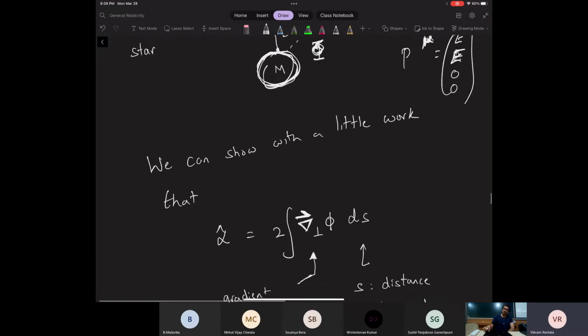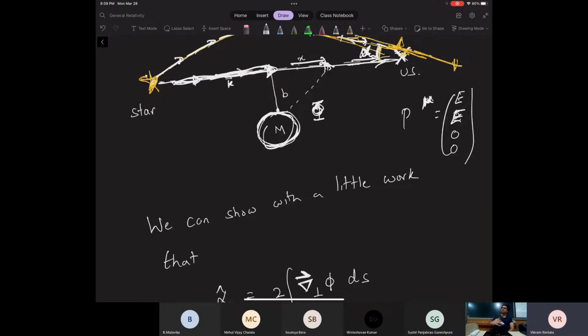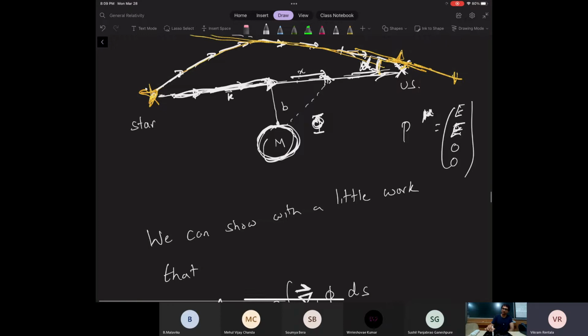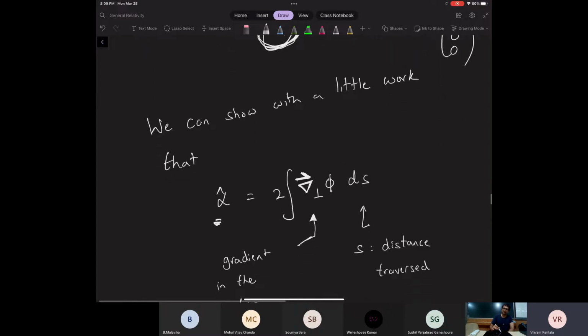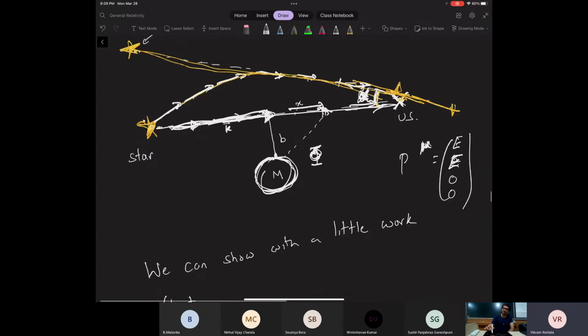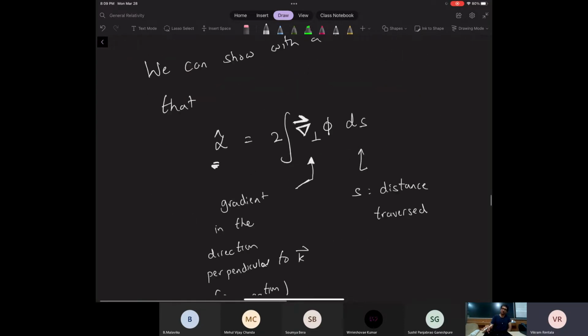Now, you have to solve the geodesic equations to first order to actually work out what this deflection angle alpha is. And you can show that the deflection angle alpha, you can treat this as a vector. So this is telling me that the vector is in this direction, or in this direction, or in a perpendicular direction.